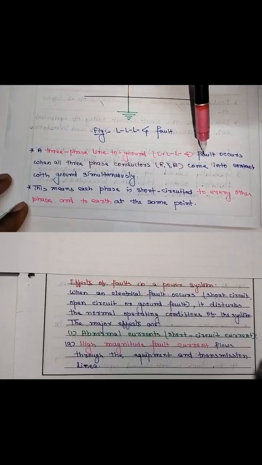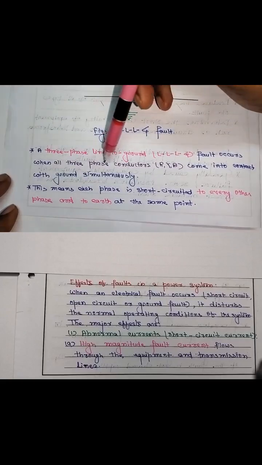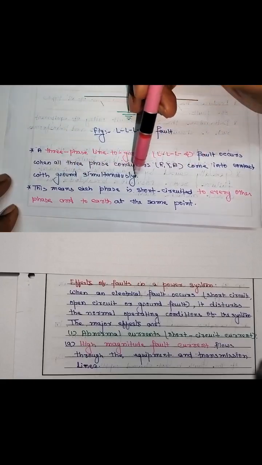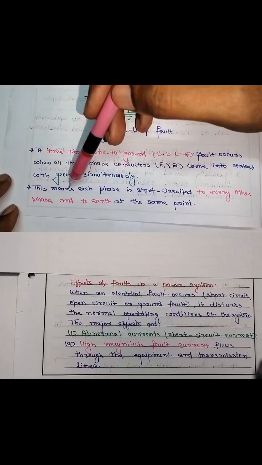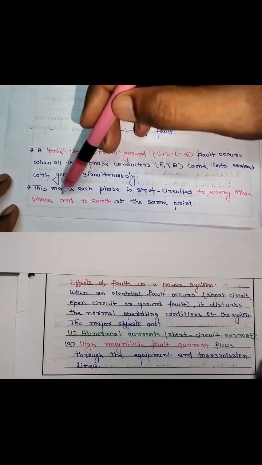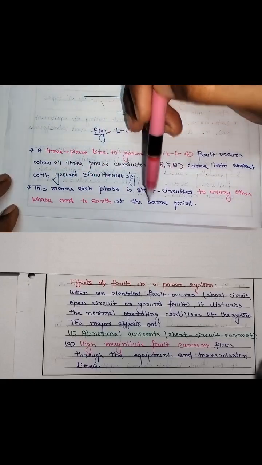Next we have the three-phase line to ground, that is the L3G fault. It occurs when all three phase conductors R, Y, B come into contact with the ground simultaneously. This means each phase is shorted to every other phase and to the earth at the same point.